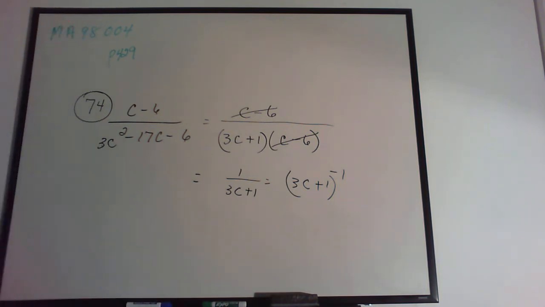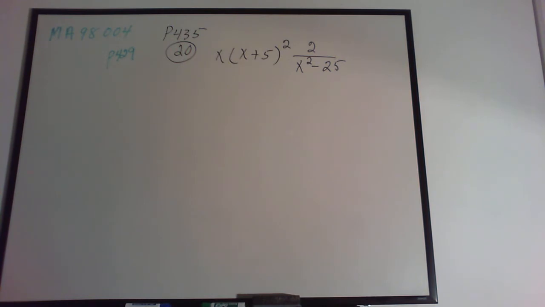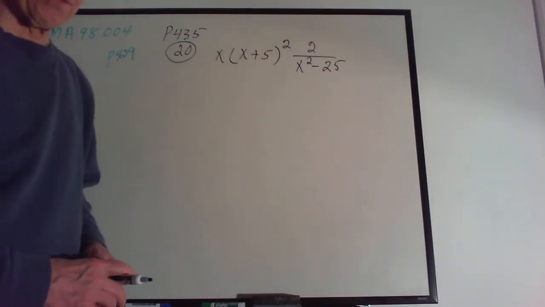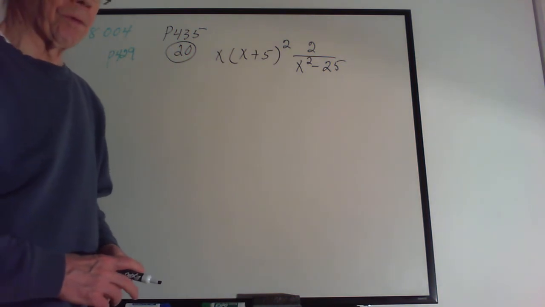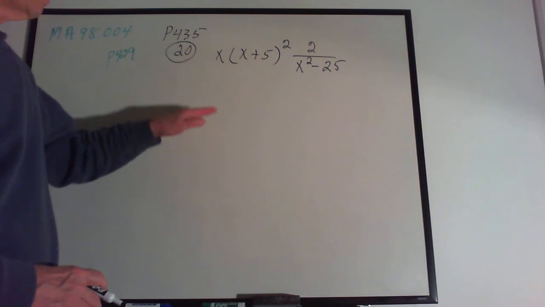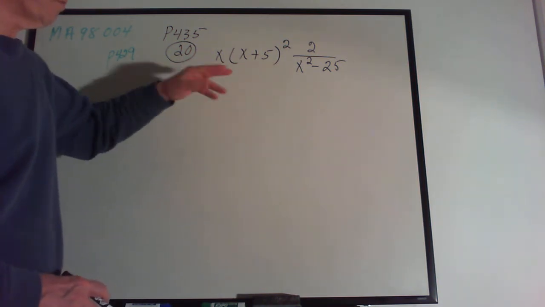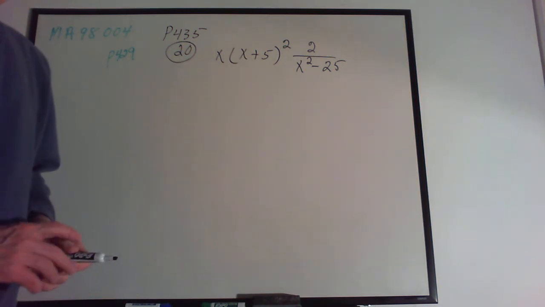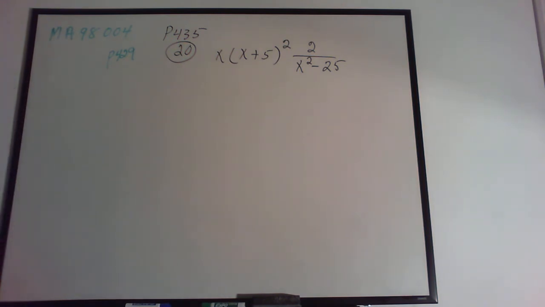All right, let's take page 435, number 20. Now look at it and strategize and ask yourself, what is the best way of doing this? All right. I would suggest that you rewrite it, but give it some thought, pause the video, and I'll do it.